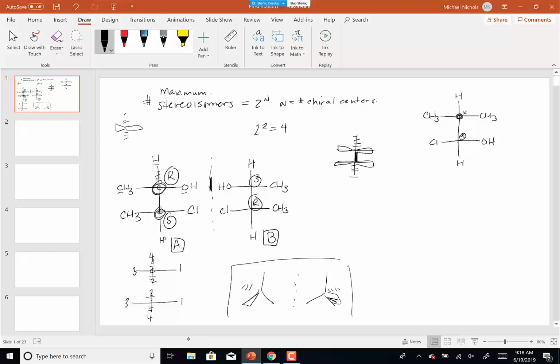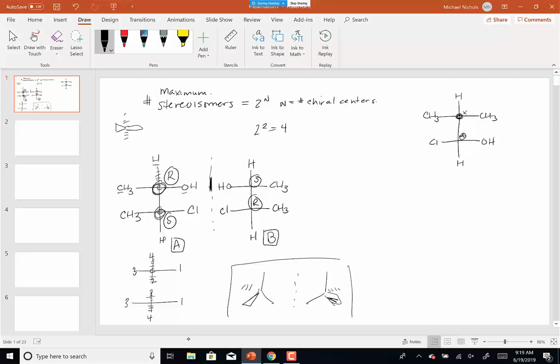Next, I still am missing two structures because I could have up to four. So how am I going to generate my next structure? Anybody have any suggestions? Just flip it up again.